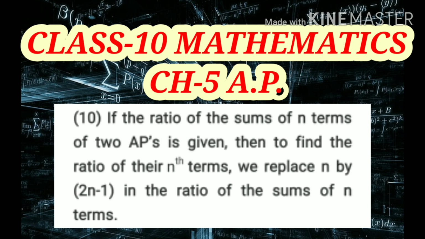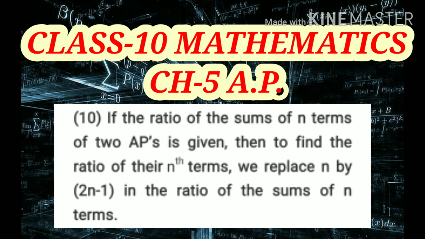To find the ratio of their nth terms, we can replace n by 2n minus 1 in the ratio of the sums of n terms.